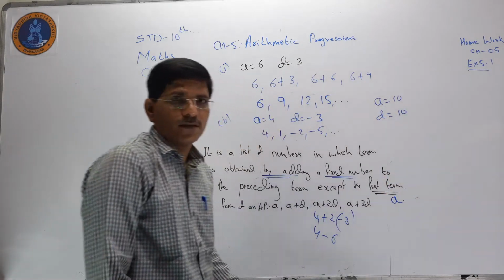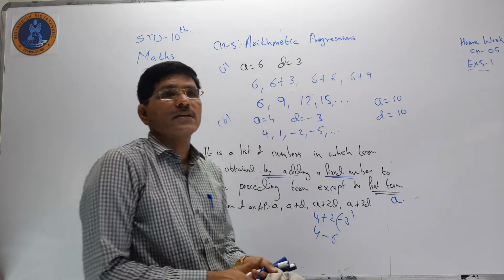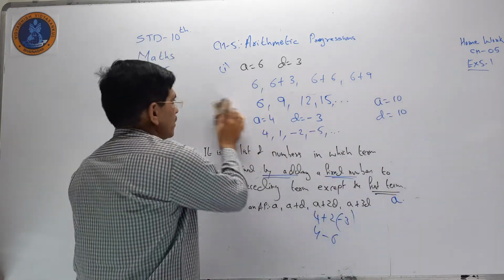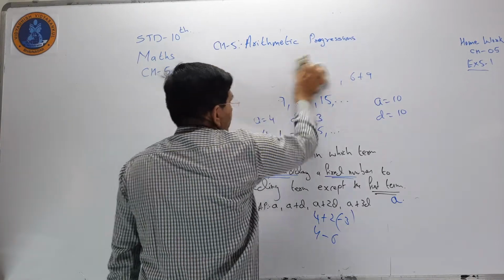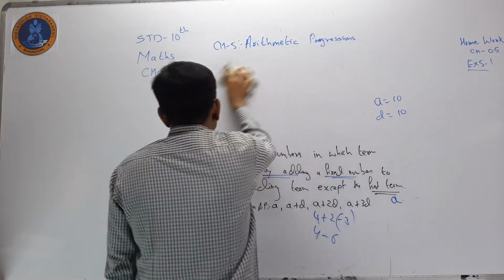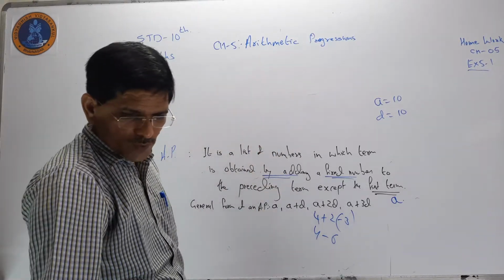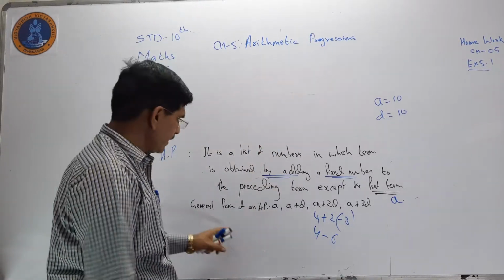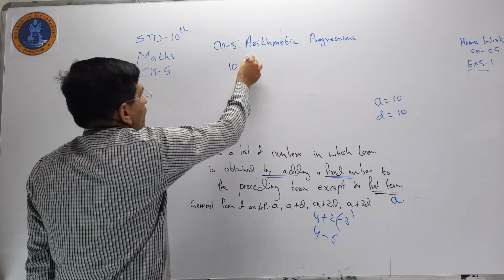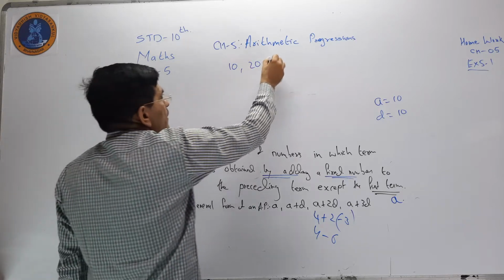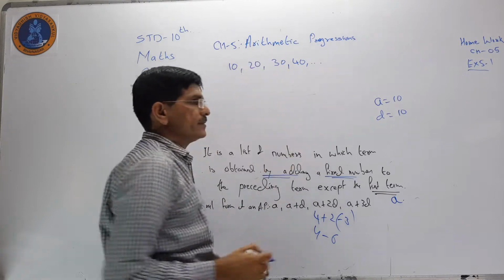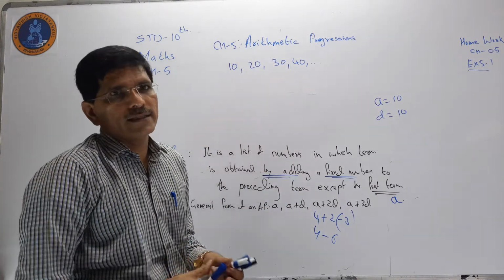Now one more sum. If A is equal to 10 and D is also 10, what is your answer? This type of question is asked in board exams and government exams also. So how can you solve this? Again the same: first 10, afterward 20, then 30, then 40 and so on.